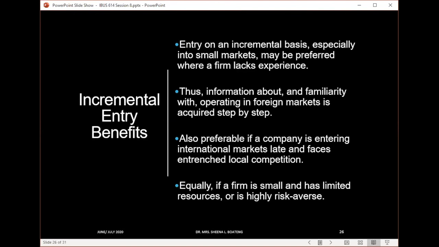So if you're a small firm with limited resources and you are also fairly averse to risk, you have to make sure that you choose an incremental approach that will reduce the level of risk that you are committing to, help you gain more knowledge, and make you more confident before you enter into larger markets that are more diversified and will require higher levels of resource commitment and ultimately come with more risk.